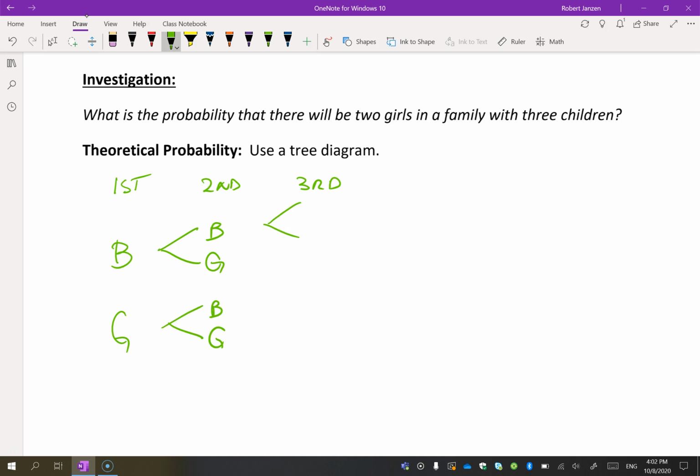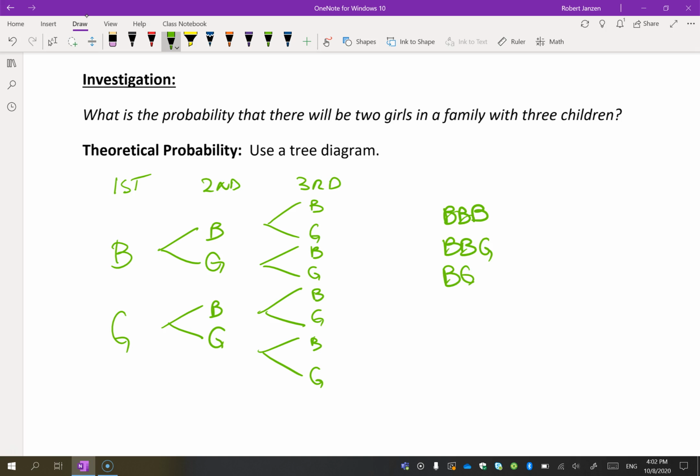And the third child could be a boy or a girl. Okay, so listing all of the possibilities here, we have boy, boy, boy. We have boy, boy, girl. Boy, girl, boy. Boy, girl, girl.